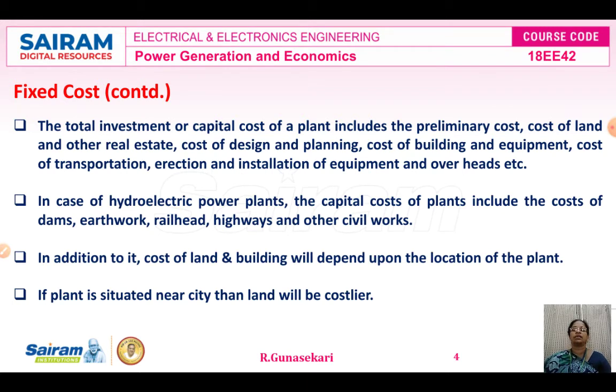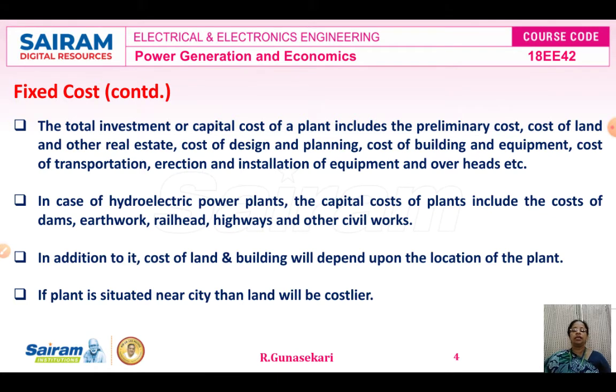All of these come under annual fixed cost only. Suppose, for example, in the hydroelectric power plant, the capital cost includes the cost of dam, earthwork, railhead, highways and other civil work.